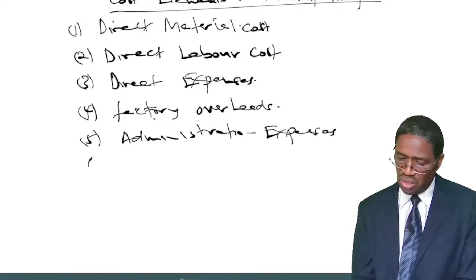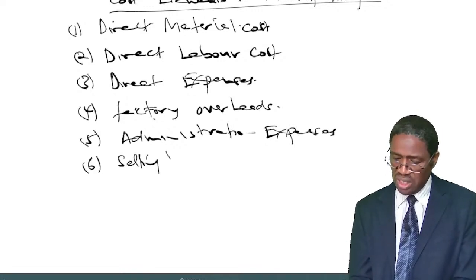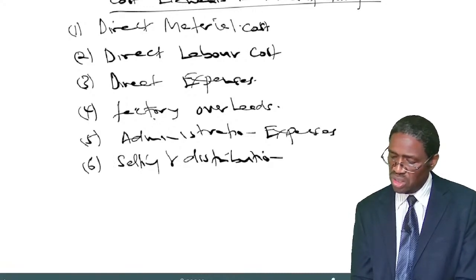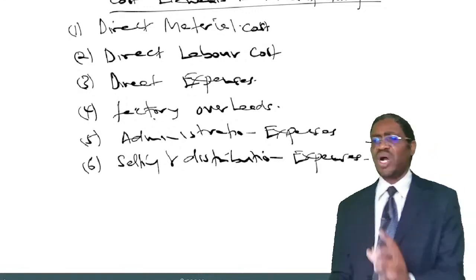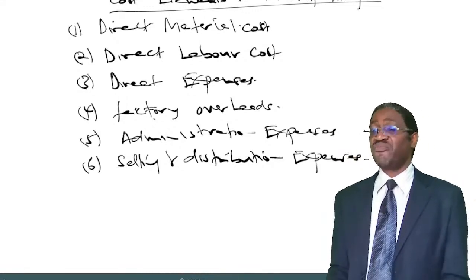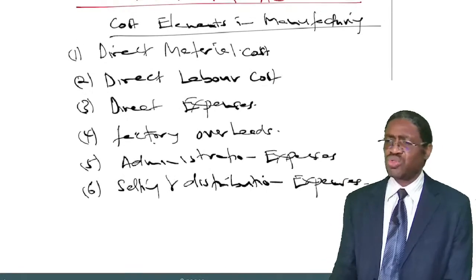Another cost you might incur is what we call selling and distribution expenses. So these are costs that you as a manufacturer would incur in the process of manufacturing whatever you are manufacturing. So I want to go through each of them.